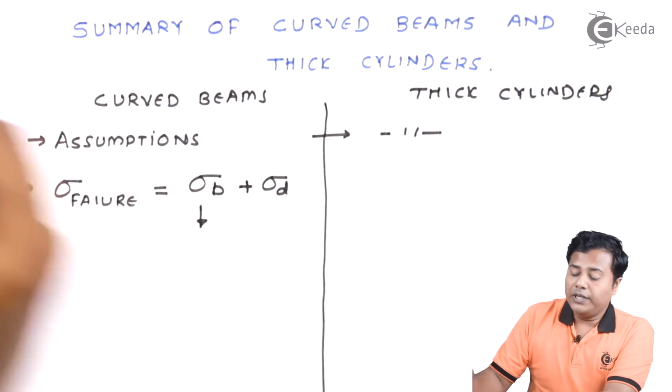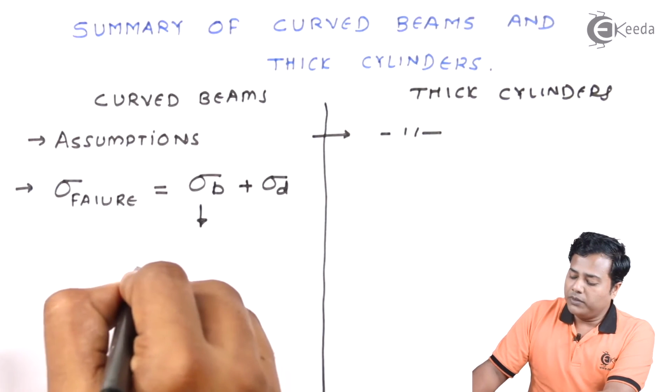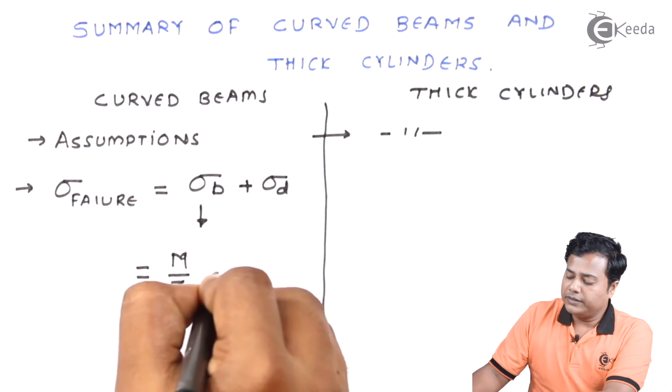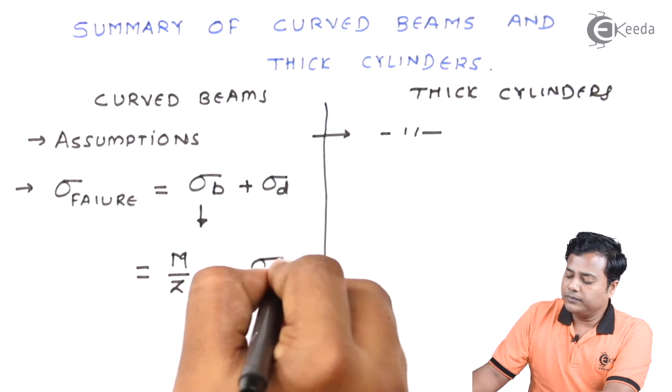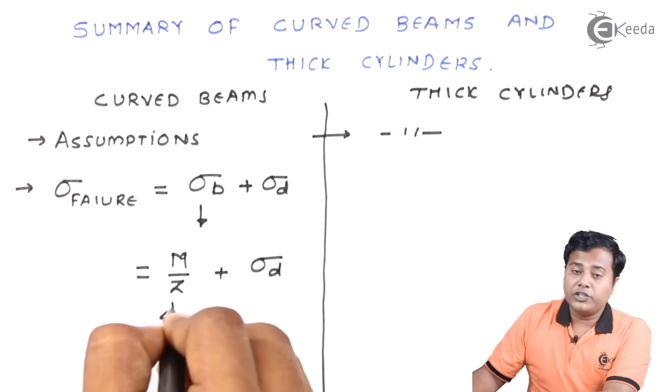We know that for different cross sections, sigma bending can be found in different ways. No doubt the common formula for them is M upon Z plus sigma d, where Z is the section modulus.